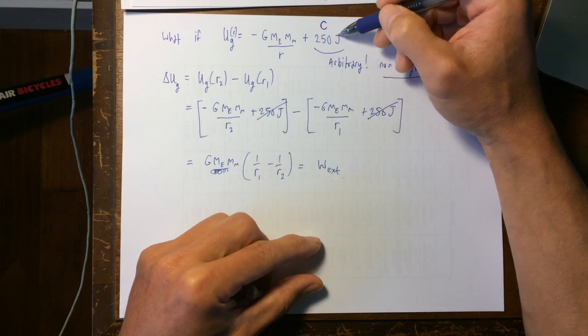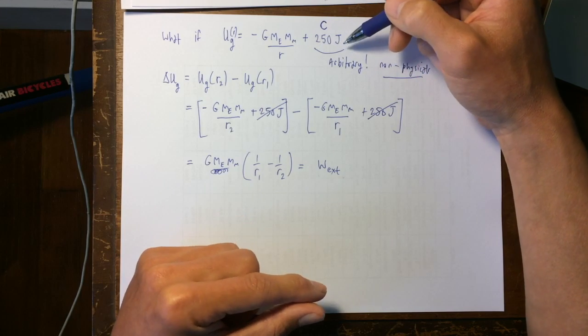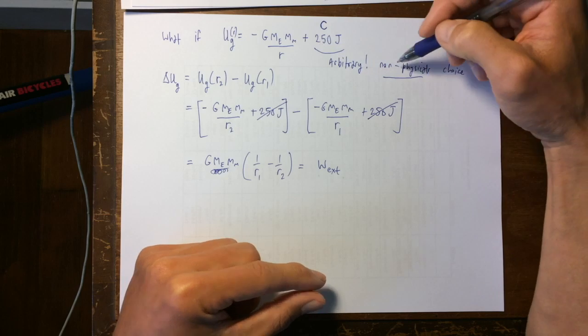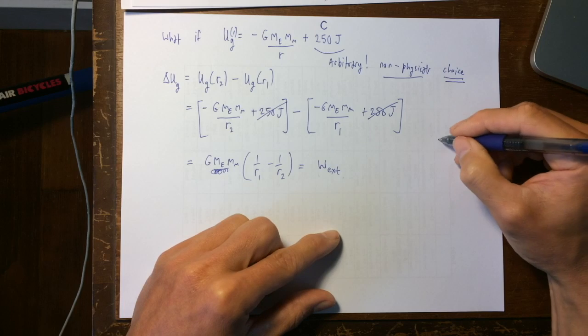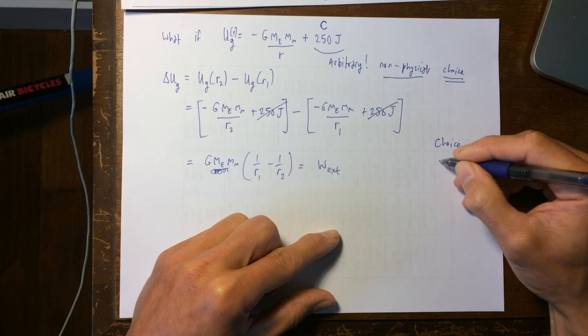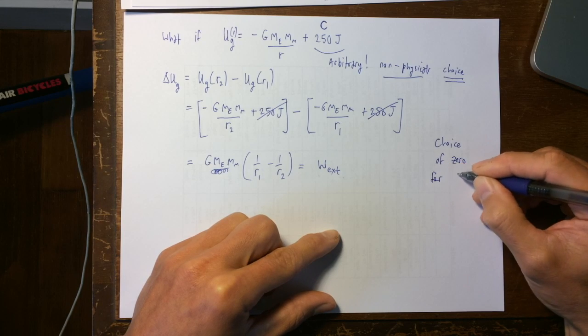This 250 joules, there's no physical process that this 250 joules is associated with. So it's an arbitrary non-physical choice. It amounts to a choice of 0 for gravitational potential energy.